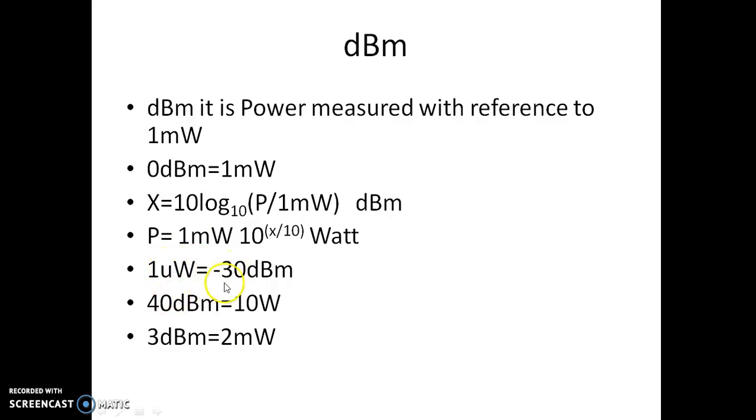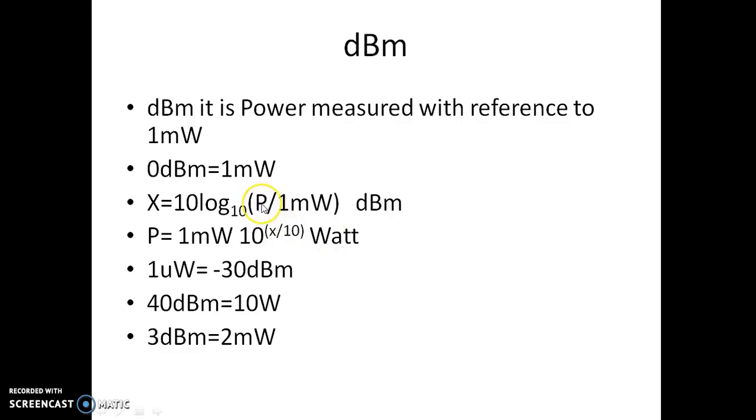So dBm can also be expressed in terms of watts. Similarly, 3 dBm happens to be 2 milliwatt. Meaning to say this X is expressed in terms of dB, and this P is expressed in terms of watt here. If the value of X is given in terms of dBm, we can get the power by taking 1 milliwatt multiplied by 10 to the power of X dBm divided by 10, which gives the actual watt.